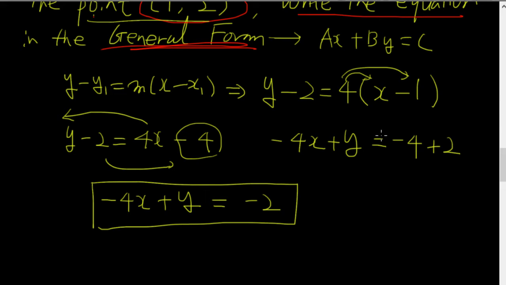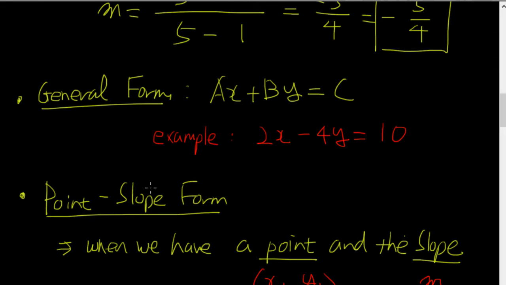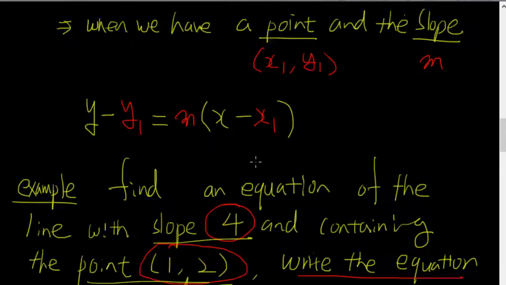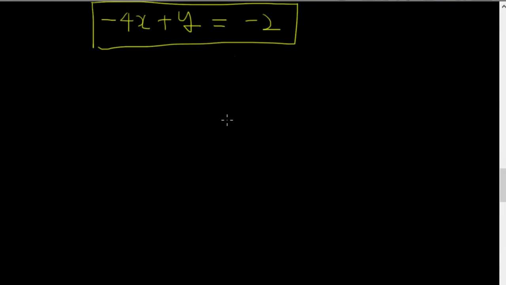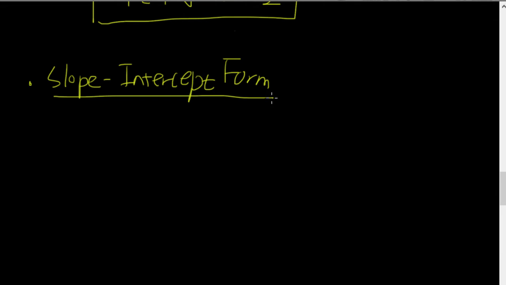All right. Now let's talk about slope-intercept form. So this is yet another form. We talked about the general form, we talked about the point-slope form, and the last form that I want you to understand is what's called slope-intercept form. Slope-intercept form looks like this: y equals mx plus b.